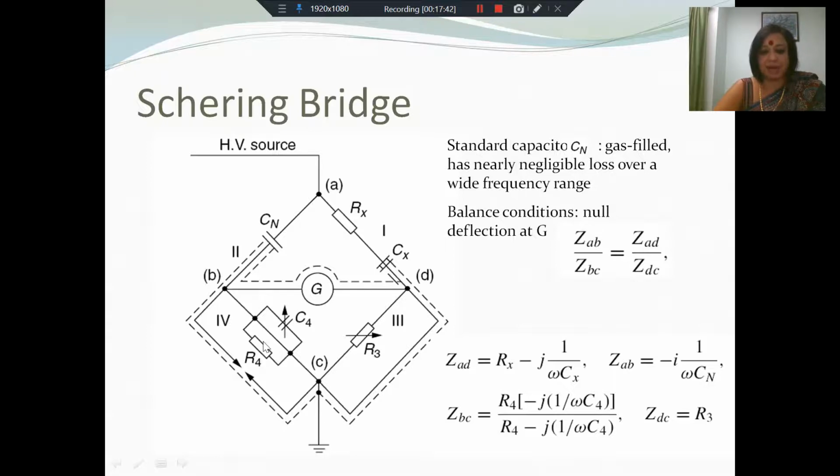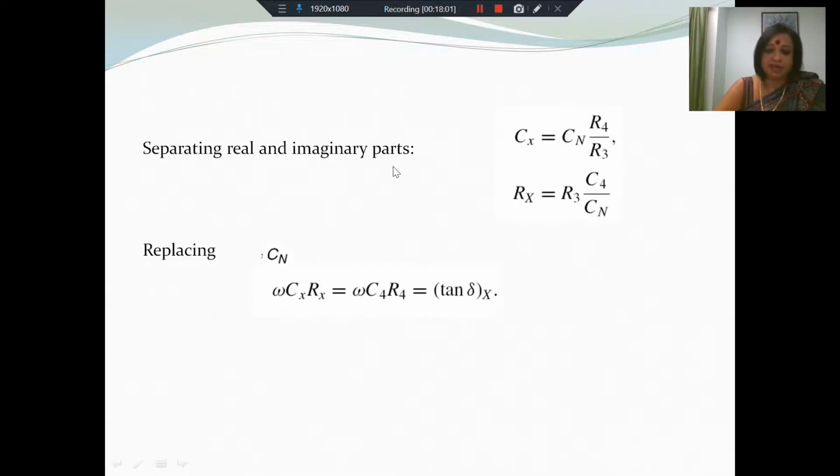ZBC is the parallel combination of R4 and C4, which is R4 in parallel with minus j1 by omega C4. And of course, ZDC is R3. So at the balance condition, you have this scenario. As a result, you can separate out the real and imaginary parts of the equation.